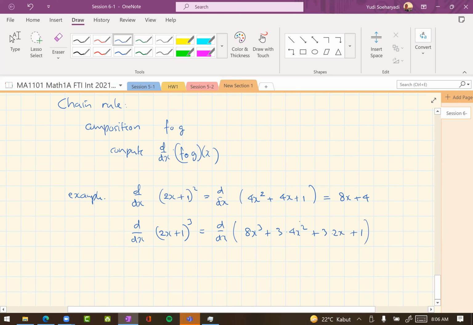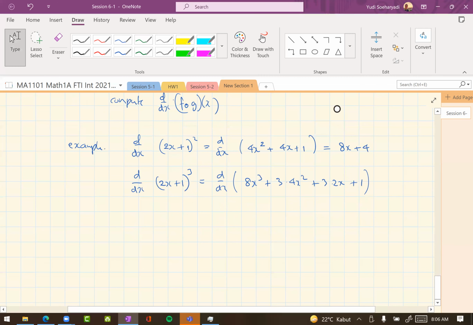Okay, so just the expansion of a cube. Again, and then you get 24x squared, plus this is 12, 24x, this is 6x, 6.